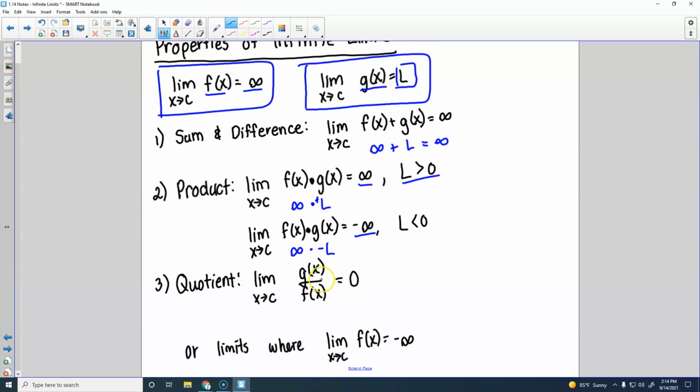And for the quotient, if we have g of x, which is L, divided by infinity, it is going to give us 0. It doesn't matter what number you have. It doesn't matter whether it's 1 or 7 or negative 3 or 1,000 or 1,000,000 or a gazillion.